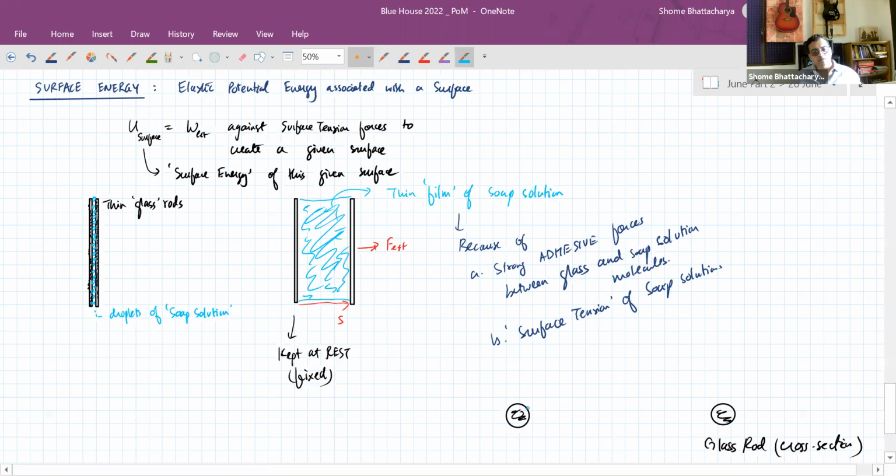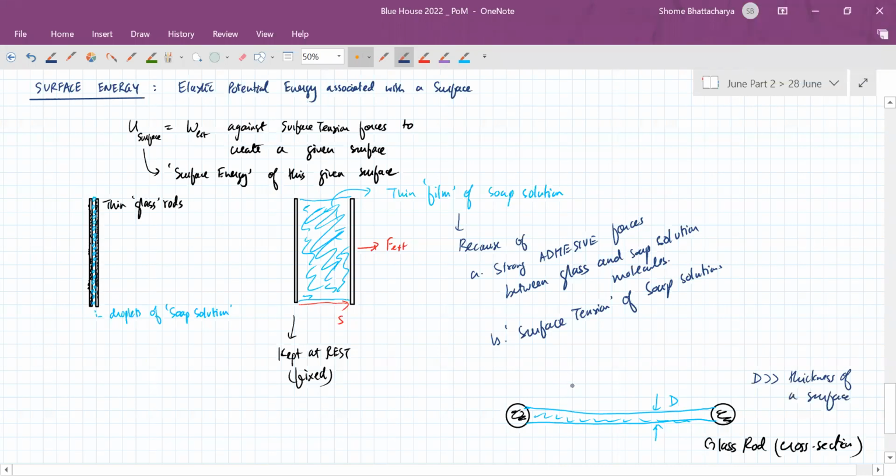So you see that the thin film of liquid, its cross section will look like this. If we magnify enough, you'll see that it's not that thin. So the thickness of the film, let's say capital D, is much larger than the thickness of a surface. So basically it has two surfaces.